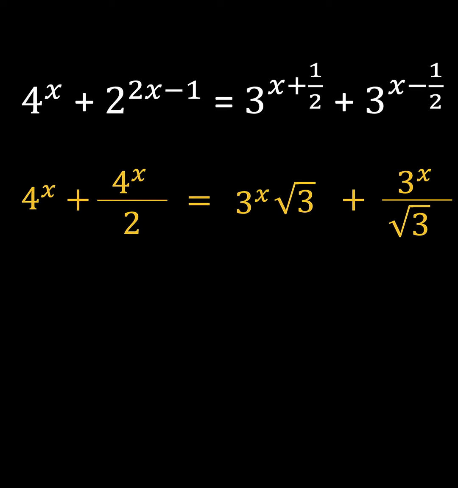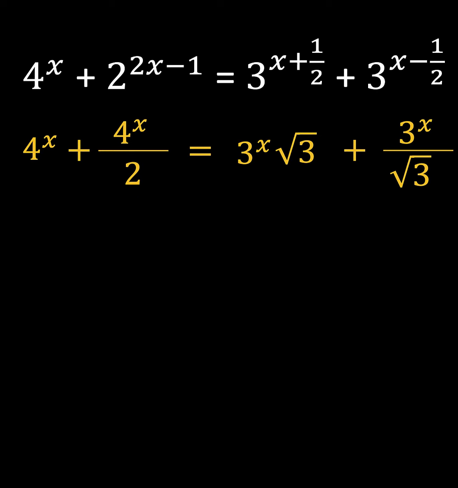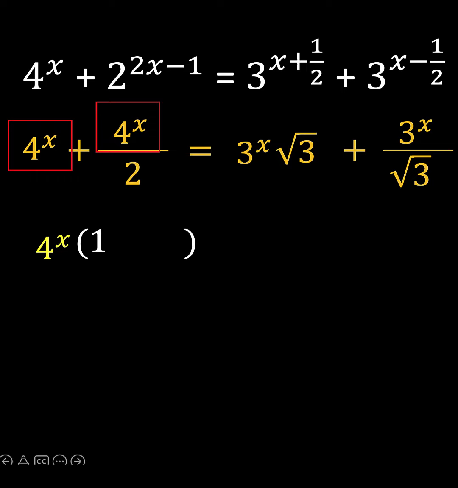Next, let's look for common factors. Notice that 4 raised to x is a common factor at the left side, which we can factor out. And the other factor would be 4 raised to x divided by 4 raised to x is 1, plus 4 raised to x over 2 divided by 4 raised to x, that is equal to 1/2. Then at the right side, there's also a common factor 3 raised to x.